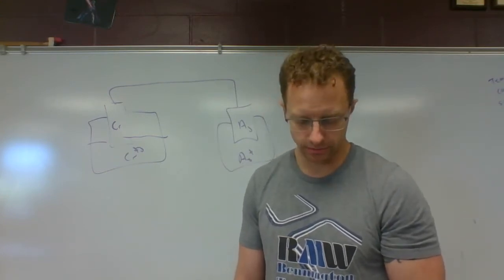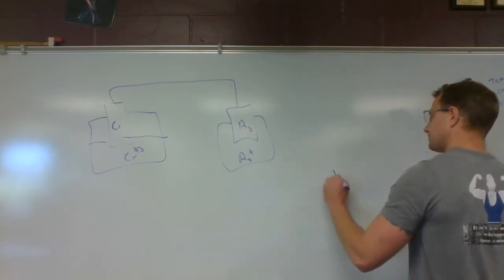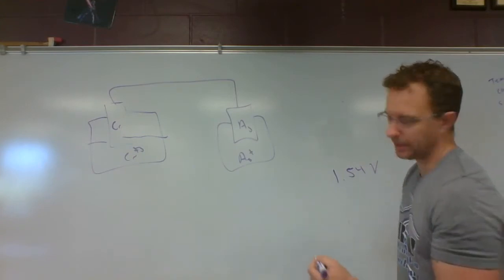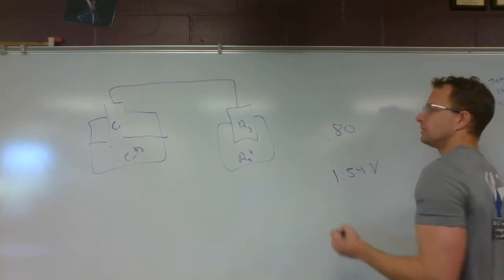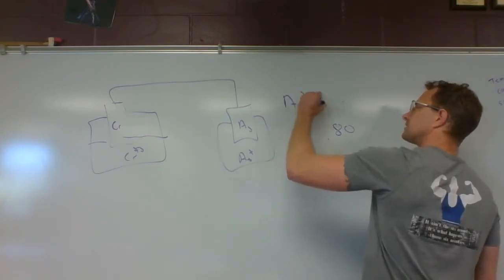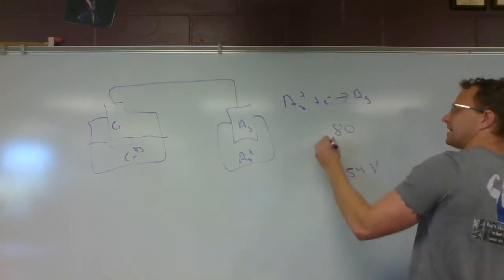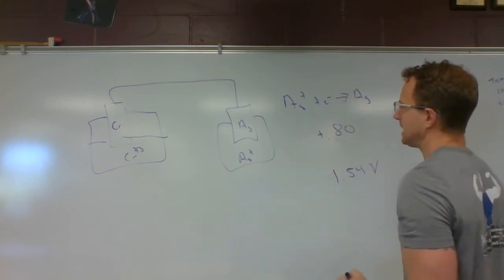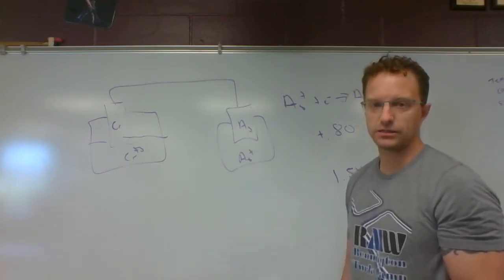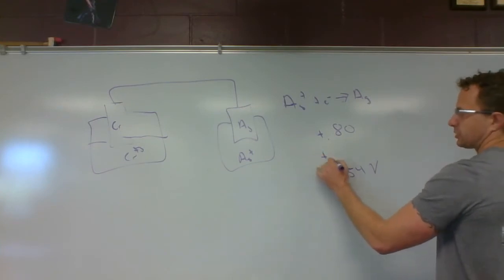So a student adds the missing component, a salt bridge. They don't tell us it's a salt bridge, but it turns out the total voltage is 1.54 volts. We know silver is 0.80, written as a reduction potential. So silver plus an electron makes silver, giving us a positive 0.8. That means my chromium, written as a reduction potential, is probably something else.